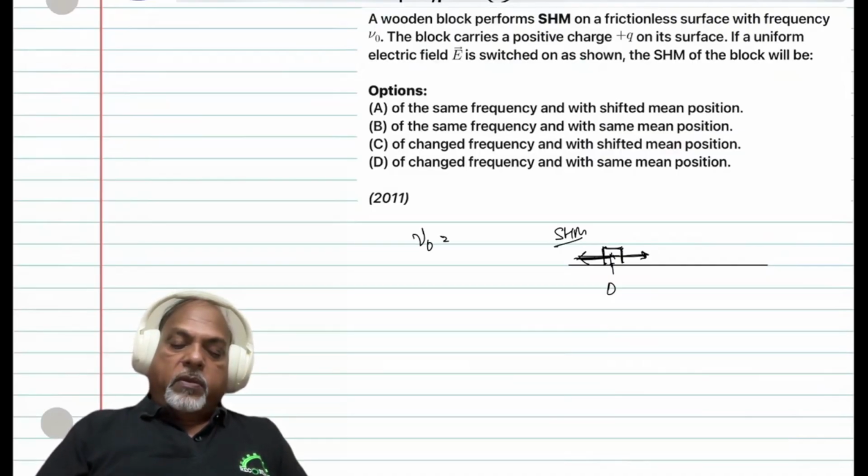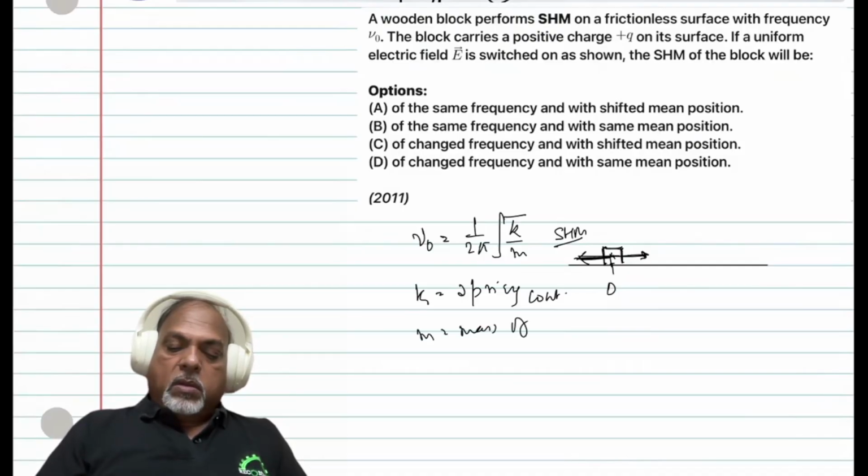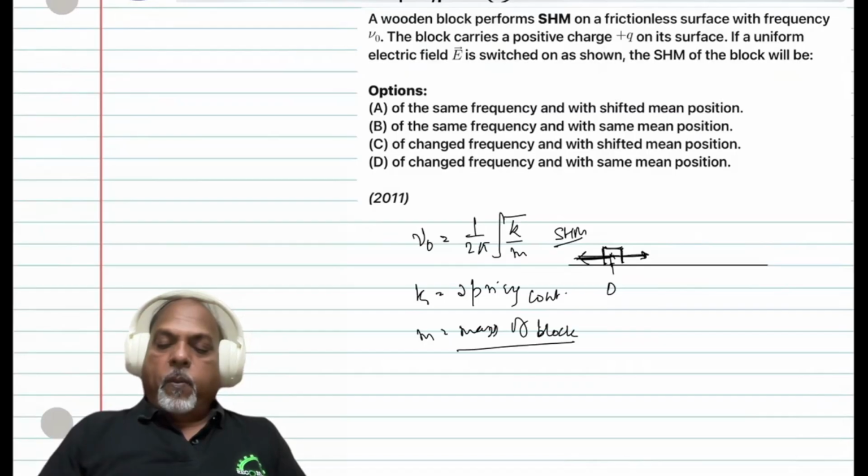This frequency will be 1 by 2 pi root K by M, where K is basically the spring constant and M is the mass of the block. So it is performing SHM.